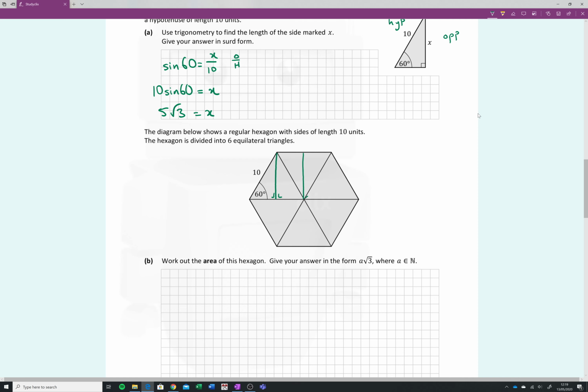In fact, if we were to do this the whole way along, and look, there's more than one way to do it as well. Actually, no, I wouldn't want to do that.